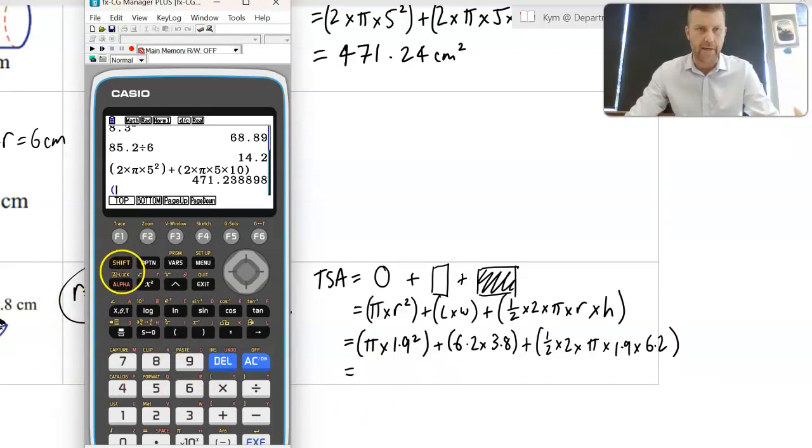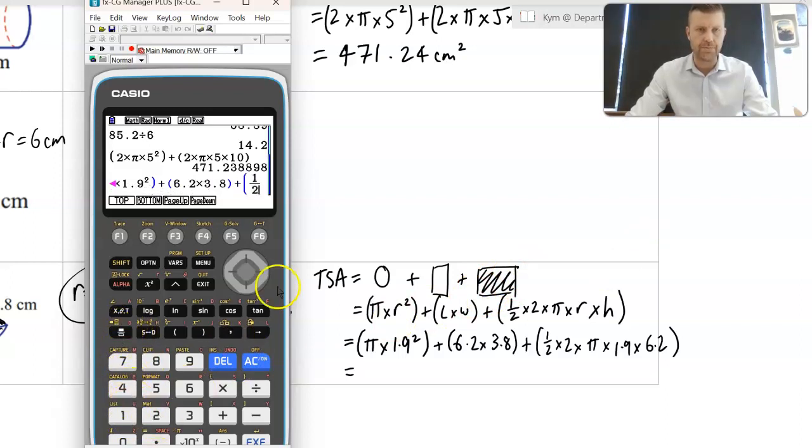Let's start with an open bracket, pi times 1.9 squared, close bracket. That's the 2 half circles on either end, which make a full circle, plus the area of the flat rectangular shape at the top, which is length times width, or 6.2 times 3.8. Then close bracket, open bracket, then we're adding the area of that curved section.